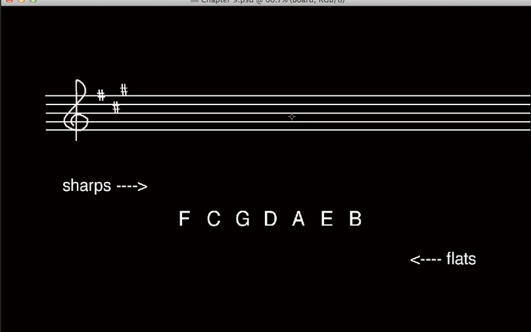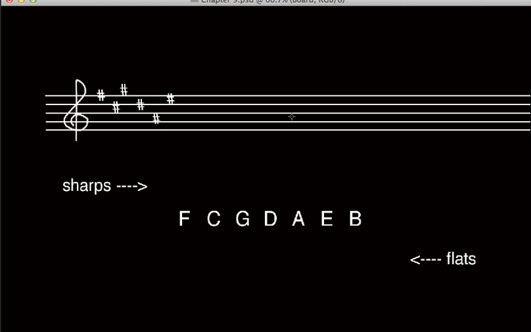And then, of course, I know my next sharp is going to be D, going by the order, so that's going to be on the 4th line. And then my next sharp is going to be A, as indicated. So A is going to be on the 2nd space of the treble clef. And then my next sharp is going to be E, so it's going to be on the 4th space in the treble clef.